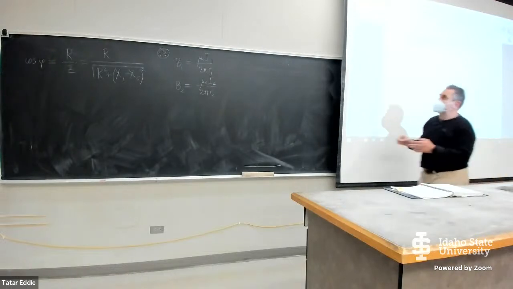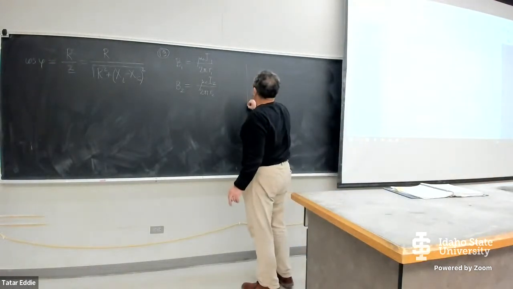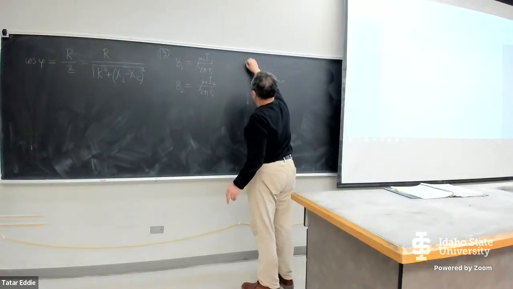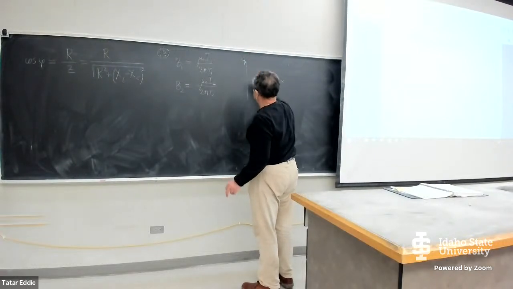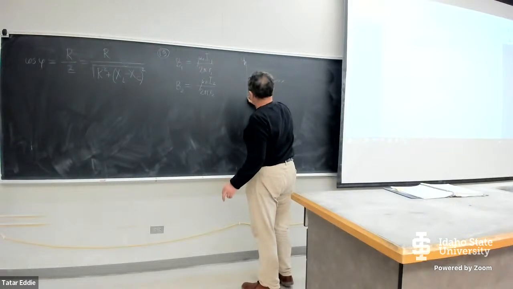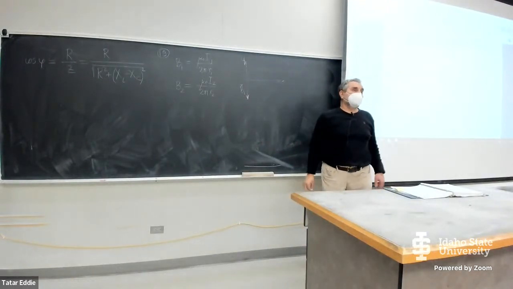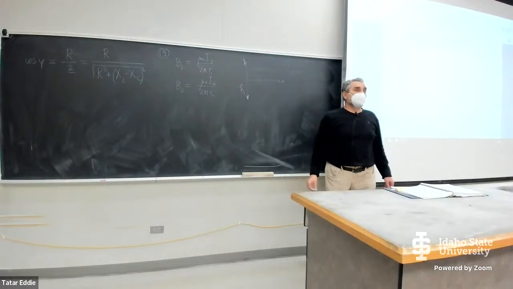So if you look at the xy axes, x-axis here, y-axis positive direction up, the first magnetic field is going to be in the negative y direction.